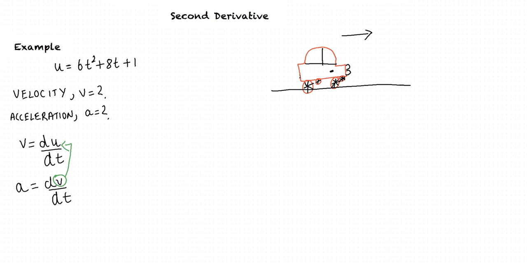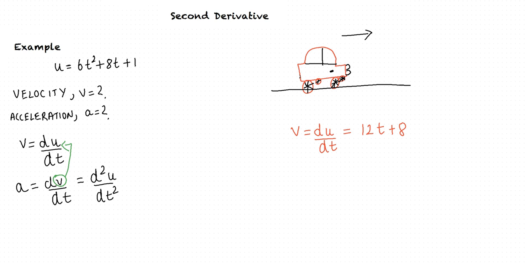But we know that v equals du by dt. This means that acceleration a equals d square u by dt square. Now I see the connection. Thus, we can see that velocity is the first derivative of displacement with respect to time and acceleration is the second derivative of displacement with respect to time.